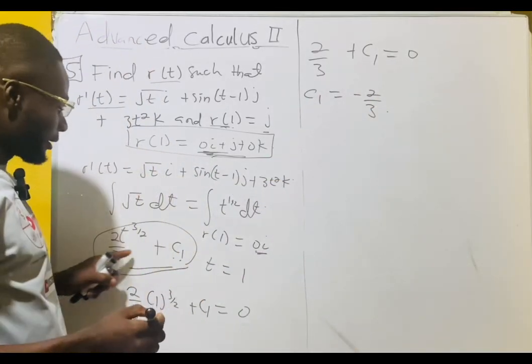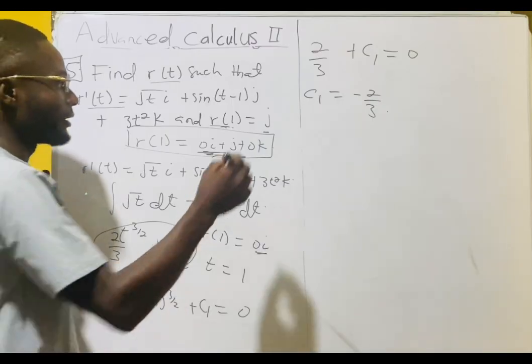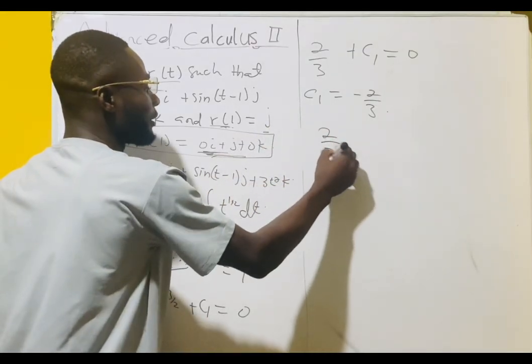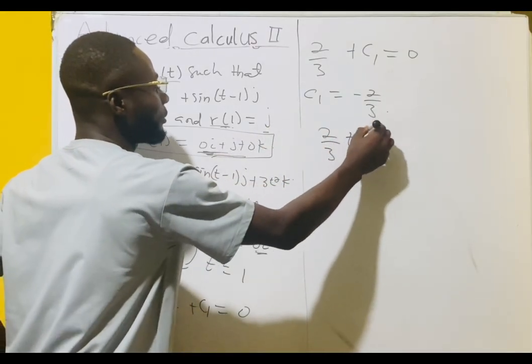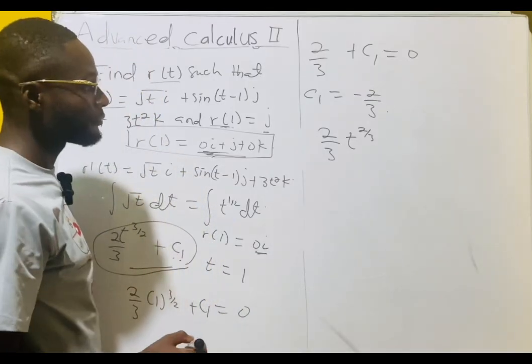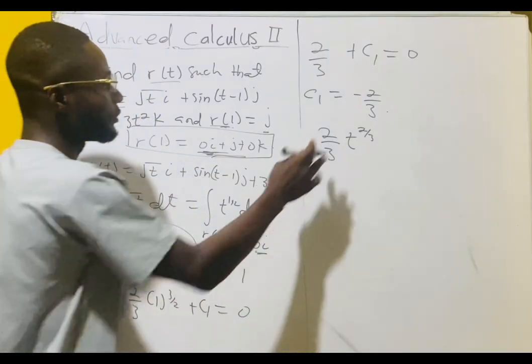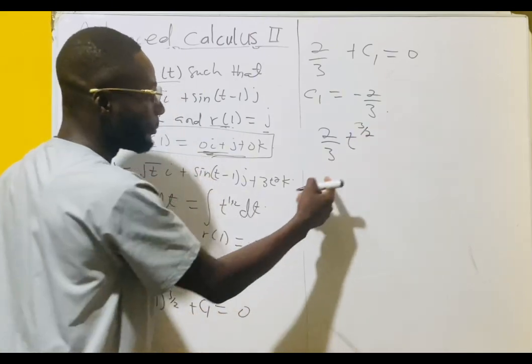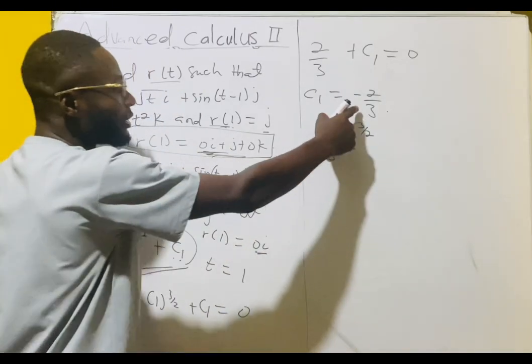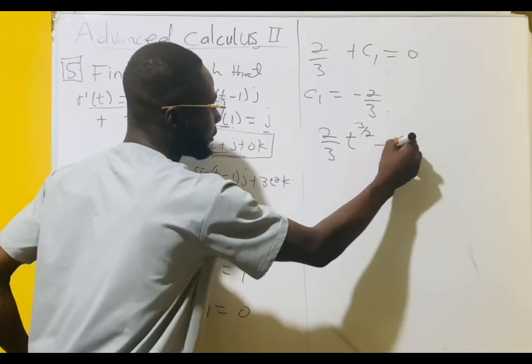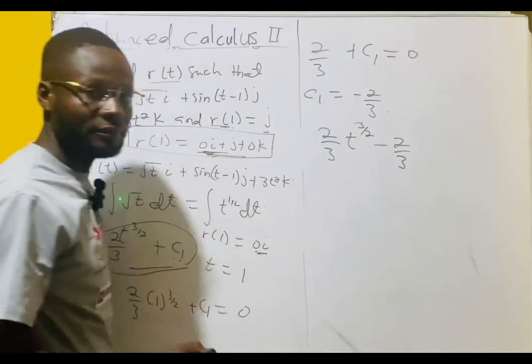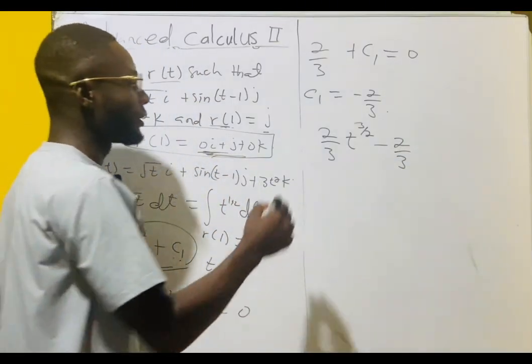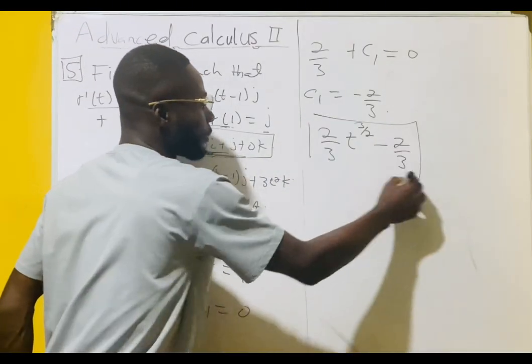So this means that the first component is 2 over 3 t to the power 3 on 2 plus c1, and c1 is minus 2 on 3, so we have minus 2 on 3, right? So this is our i component.